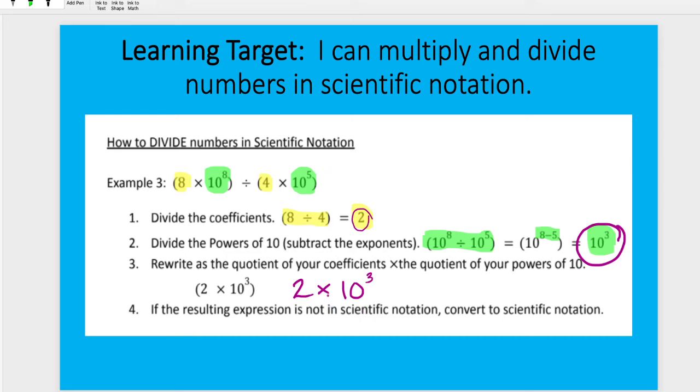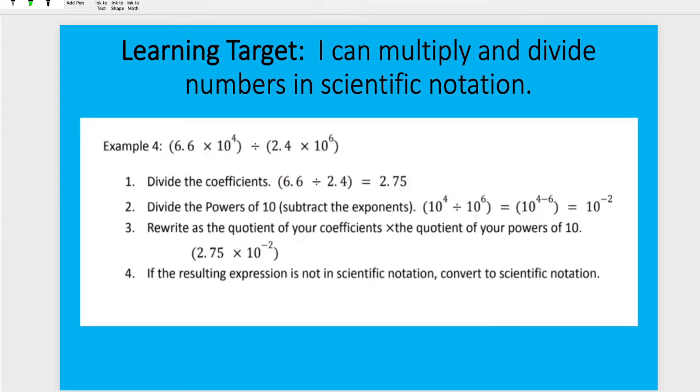It's multiplication. The coefficient, or the first number, is 1 digit, and it's being multiplied by a power of 10. So in this example, my final answer is already written in scientific notation, so there's nothing else I have to do to convert it. Let's look at the last example that we're going to do together.